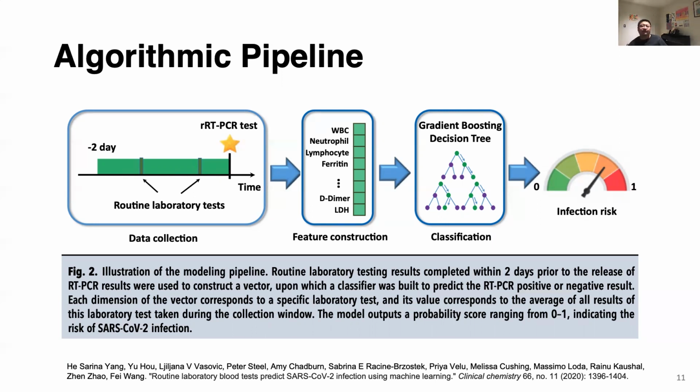And number two is that routine blood tests are much more available all over the world, including both developed and underdeveloped regions, and we can get the results much more quickly. So we can get the result estimation in a more efficient way, so that clinical decision makers can have a better sense of how to deal with this patient later on, and any resources they need to plan ahead of time.